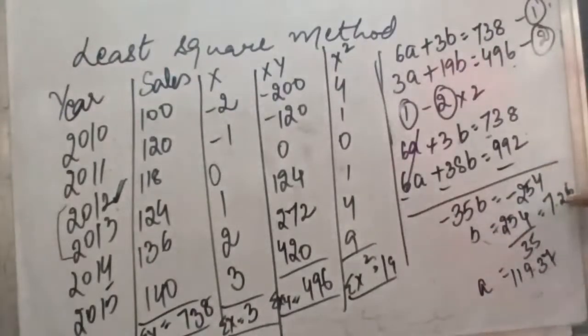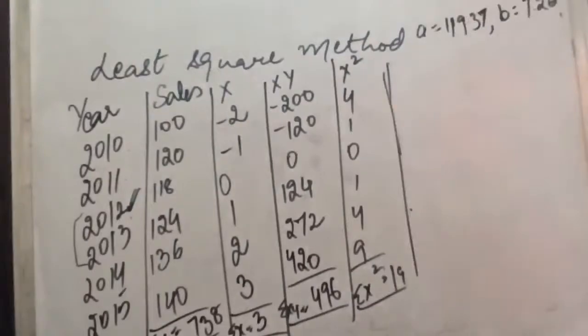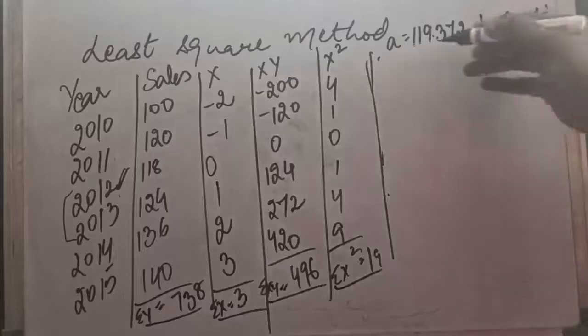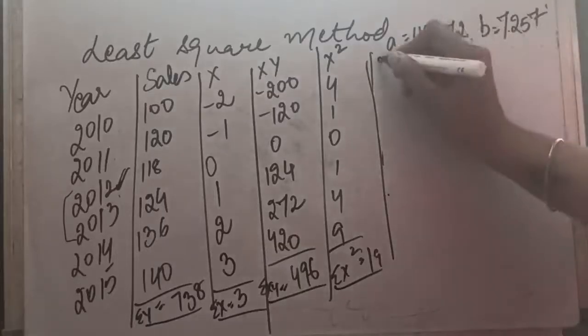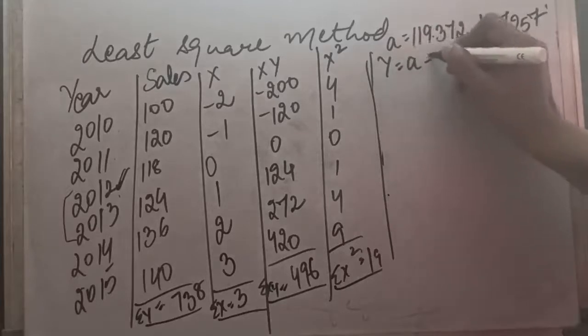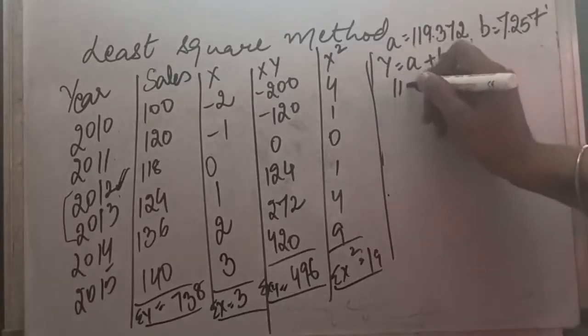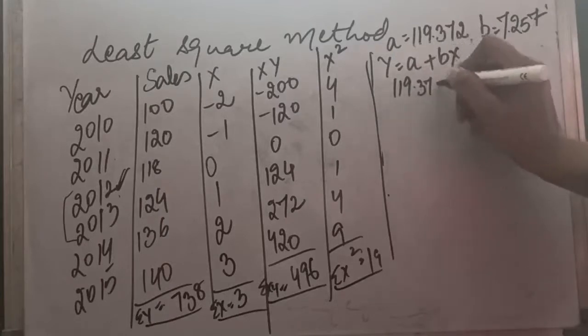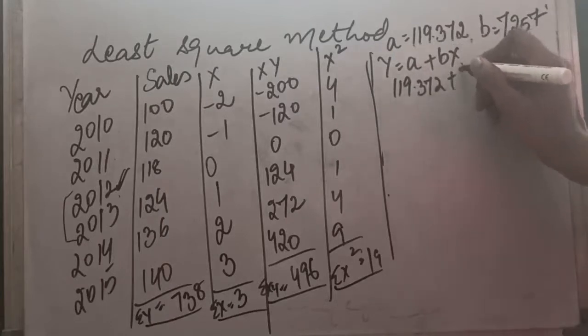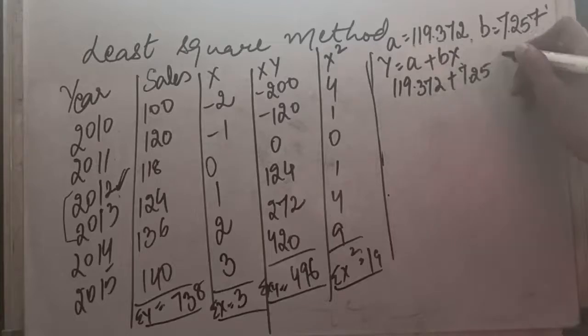Once I calculate both A and B, I can calculate my trend values. After calculating the values of A and B, we can put these values in the trend line, that is y is equal to A plus bx. For the first year, A is 119.372 plus B is 7.25, and x in this year is minus 2.